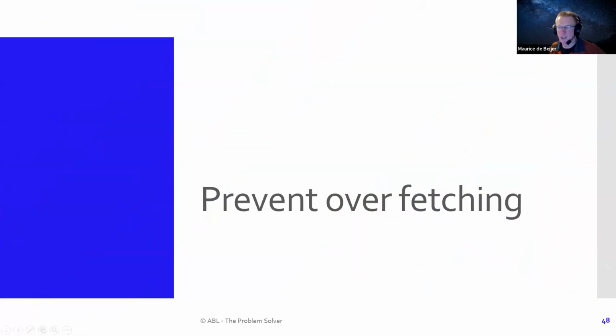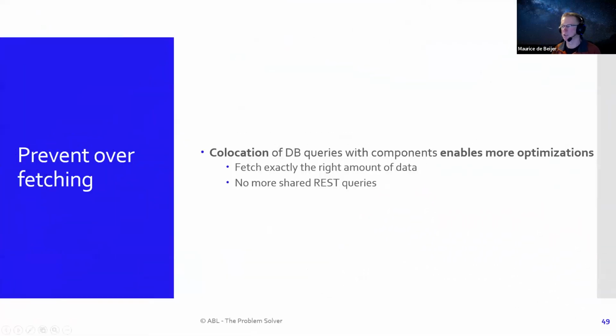Then let me quickly show one of the benefits of doing a database query like this directly on the component. What I would do in a real application is not do it in the component itself. I would abstract this away in an API layer, but it would be functions called from the components and not going over a RESTful query.